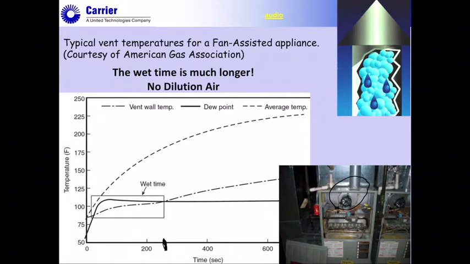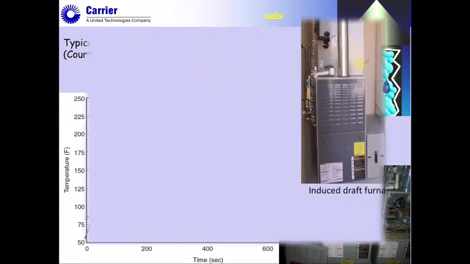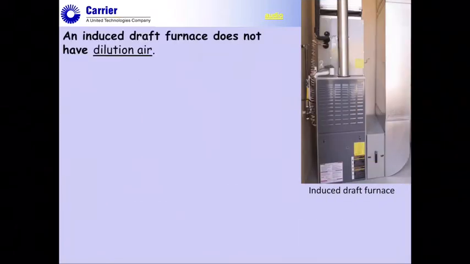Those are very significant issues that we have to deal with, but you can see the wet time is much longer. This wet time has been a problem for fan-assisted appliances since day one, which makes the sizing and the application of the vent system so much more critical, and I think that's the point I'm trying to make here.